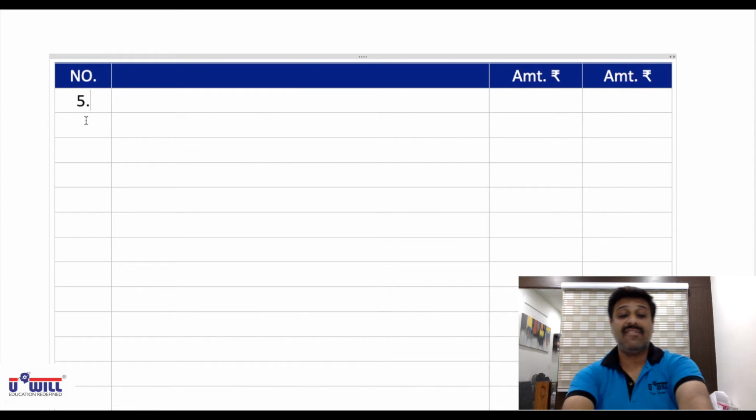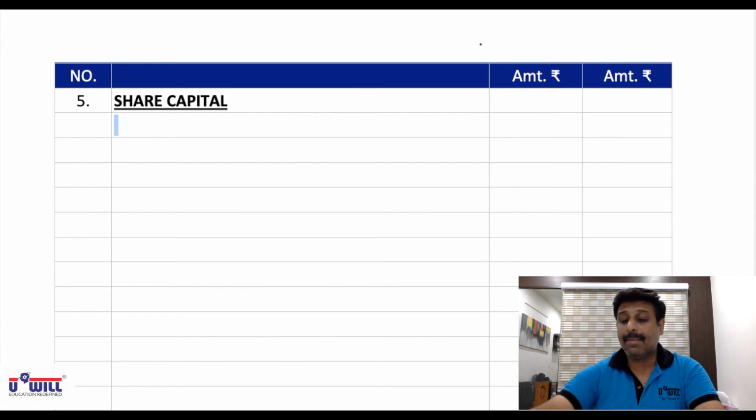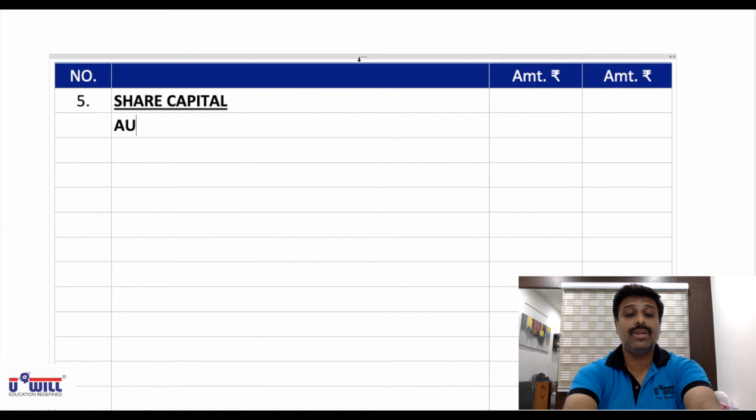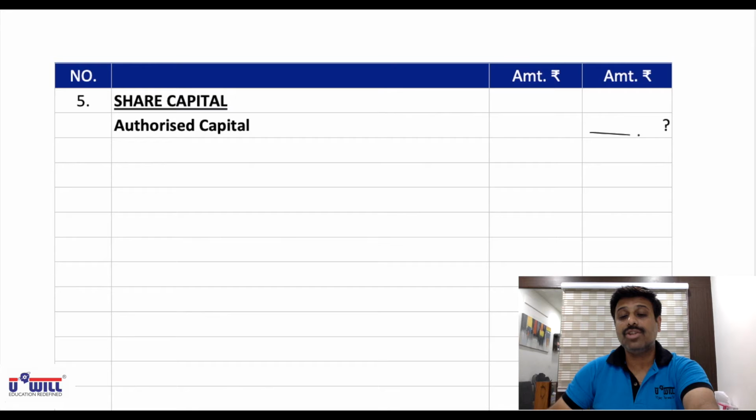Now schedule number 5 of the balance sheet will be related to share capital. As we used to do in company final accounts and banking final accounts also. Authorized capital is not given, so we'll write a question mark and double underline. And then we'll have issued, subscribed and paid up capital.